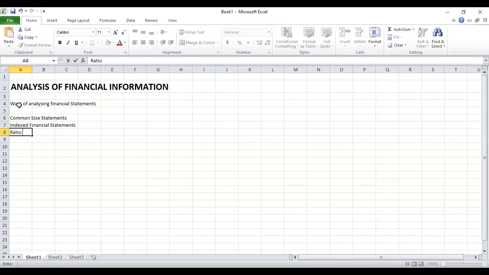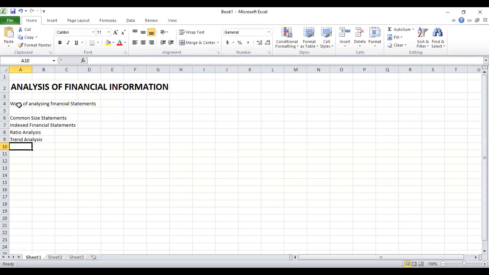Most of the work for this module will focus on ratio analysis, whereby we calculate ratios and try to interpret them. We also have trend analysis, whereby we analyze changes over a period of time, let's say 5 years, and try to identify trends in the movements of those ratios over the periods that are reported.